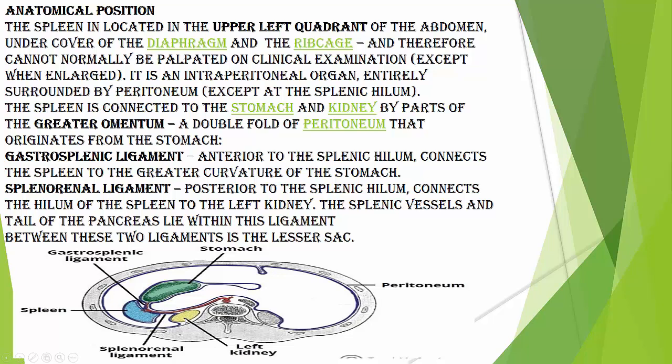Renal means kidney, and splenic means spleen. So the ligament which connects the spleen with the left kidney is called the splenorenal ligament. Between the splenorenal ligament there is the tail of the pancreas.